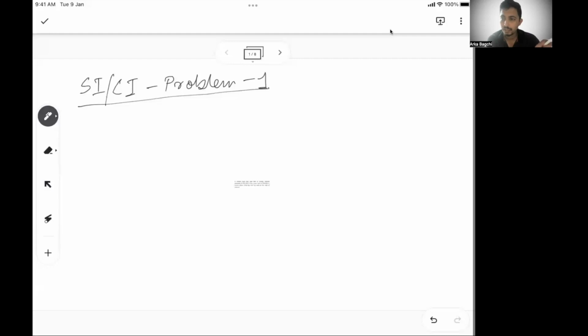But it is one area where you see direct SI/CI problems, a couple of them in NMAT, SNAP, and possibly one or sometimes two in CAT as well. These require mostly concepts and a couple of formulas that we covered in the previous session.